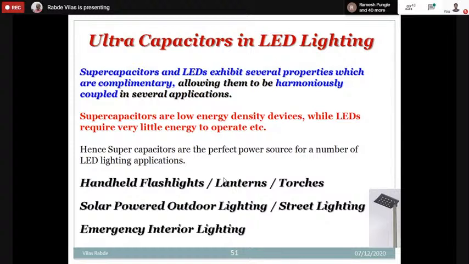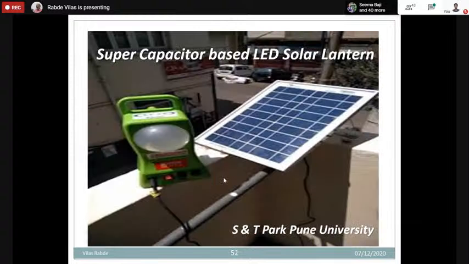They are very popular, and there is no lead acid battery, so no maintenance and lifelong. We can predict the life of that emergency lamp at 10 to 15 years. This is the lamp we introduced for the villagers. They use only supercapacitors, and a small solar panel can charge the supercap inside this emergency light.